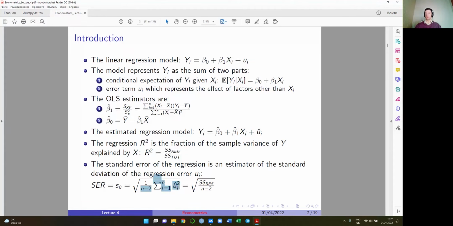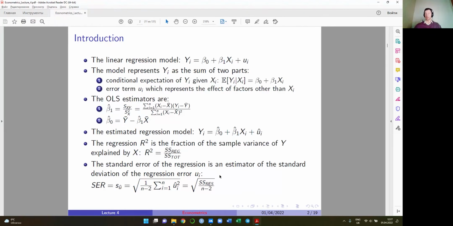This is here. While computing the sample variance, we divide the sum of u hat squared by n minus 2, because now the degrees of freedom must be decreased by 2, because u hat is computed with the help of two estimates, beta 0 and beta 1.